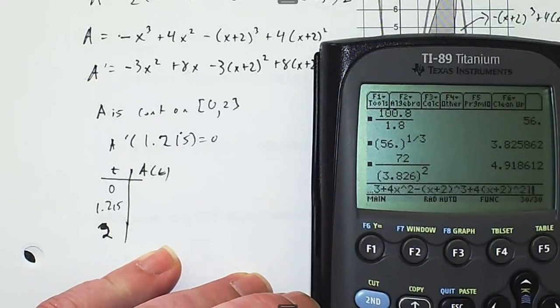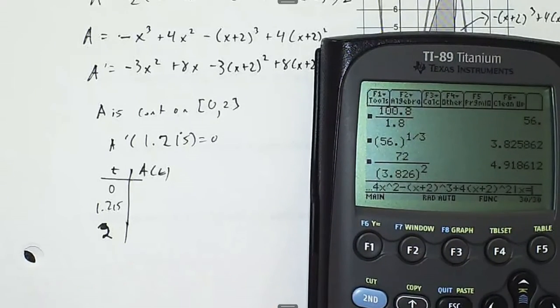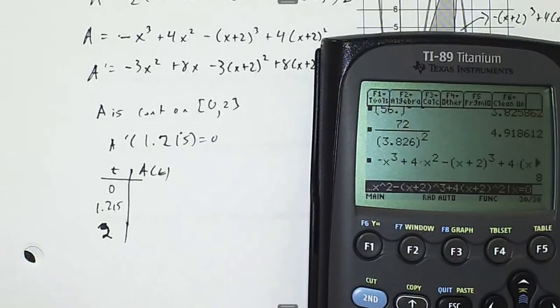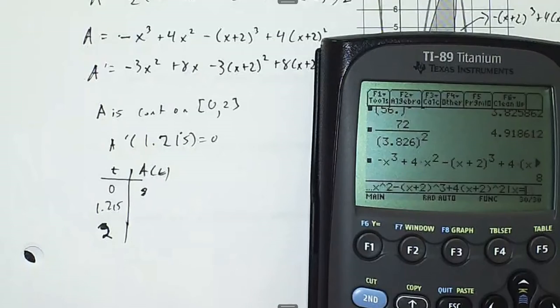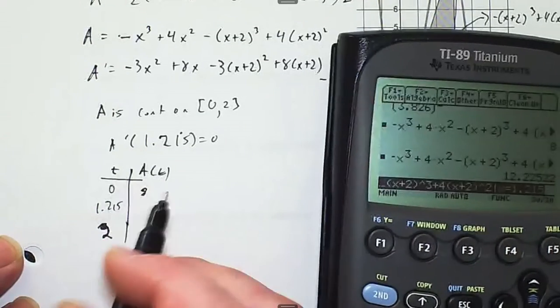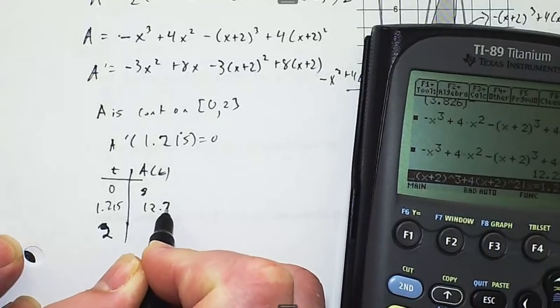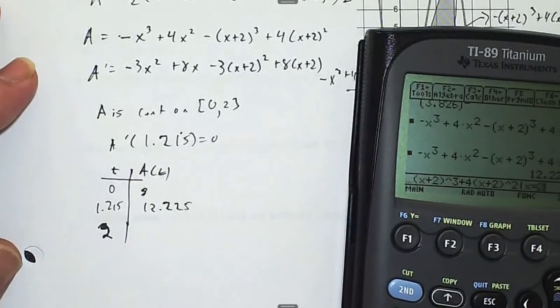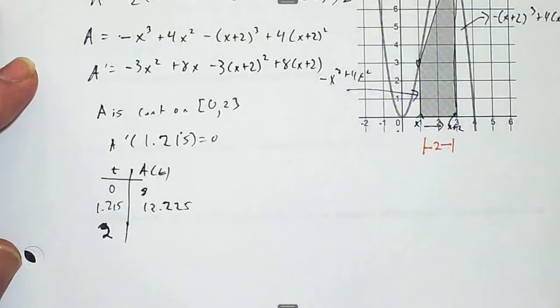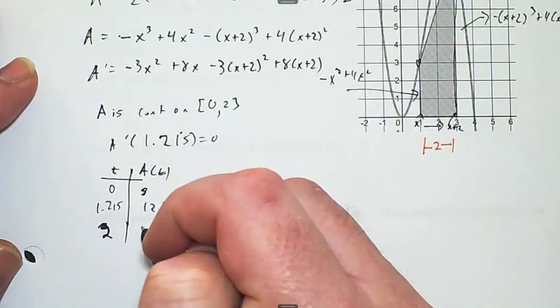Such that x equals 0, I get 8. Then such that x equals 1.215, which gives me 12.225. And finally, such that x is equal to 2, which is oddly enough also 8.